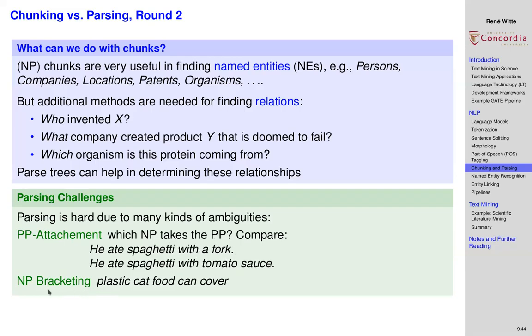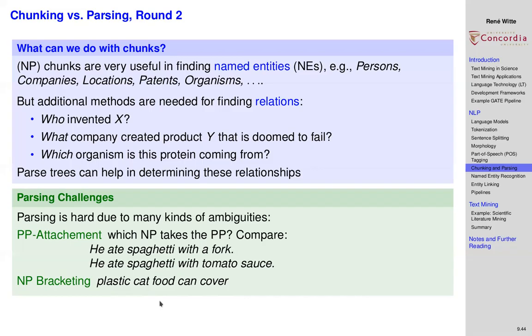Another problem is when you have multiple nouns together, it's not clear what the noun boundaries are. This is the so-called NP bracketing problem. So if you look at this phrase here, plastic cat food can cover, well, one way you can read it is that there is a cover for cat food that's in a can, and this cover is made out of plastic.